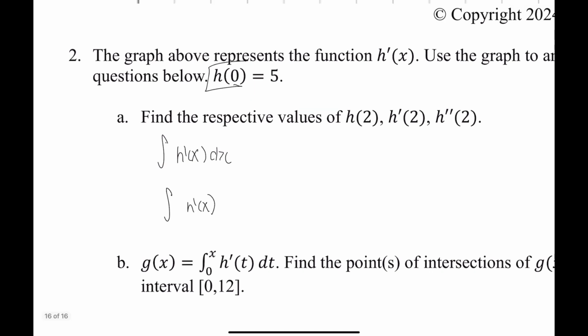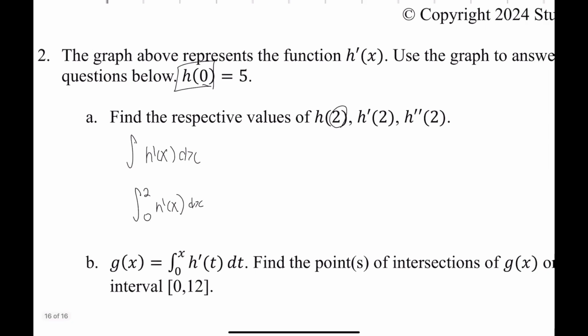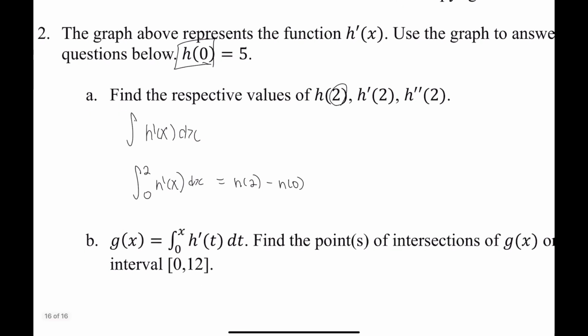Since we have a known value for h of 0, we can use 0 as one of our limits, and then we can use 2, since we're trying to find that value. The integral of h prime x dx from 0 to 2 is equal to h of 2 minus h of 0, fundamental theorem of calculus. And then to find h of 2, we push this to the other side: h of 2 equals h of 0 plus the integral from 0 to 2 of h prime x dx, right?